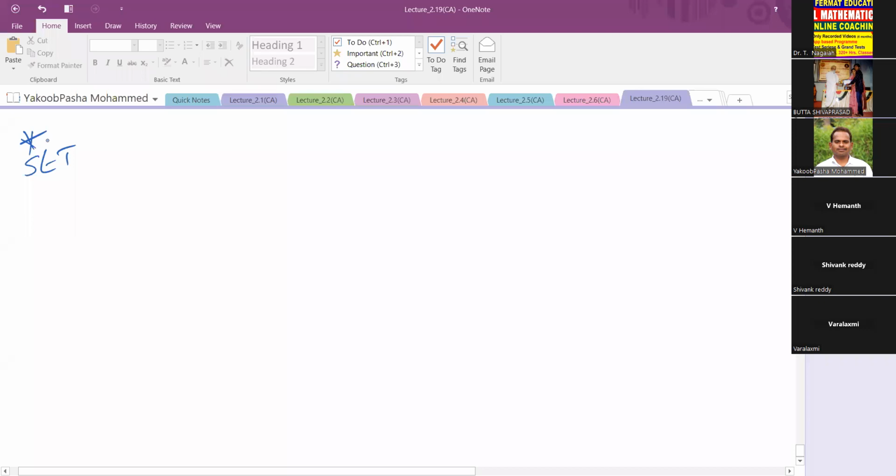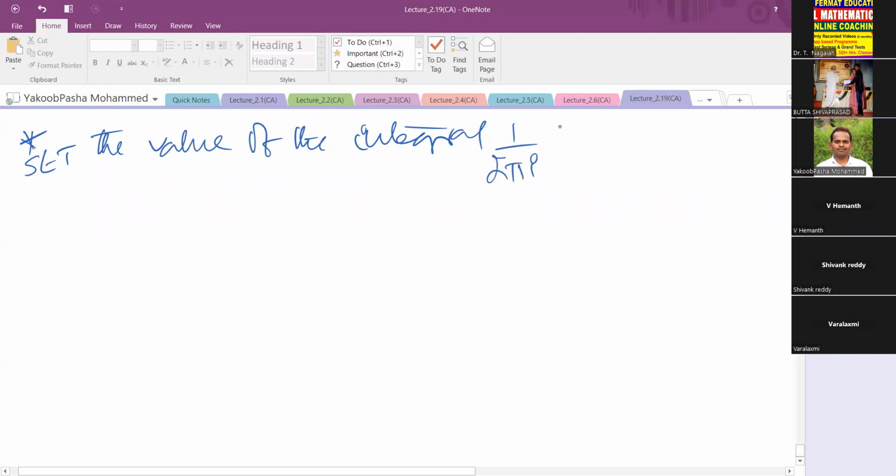The value of the integral 1 by 2 pi i, integral over modulus of z is equal to 1, z cube into cos 1 by z dz.